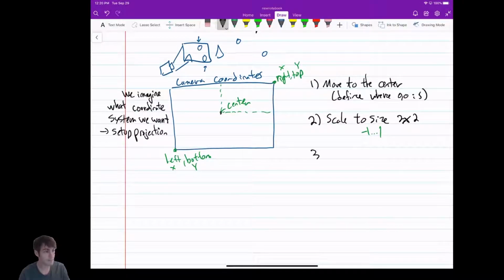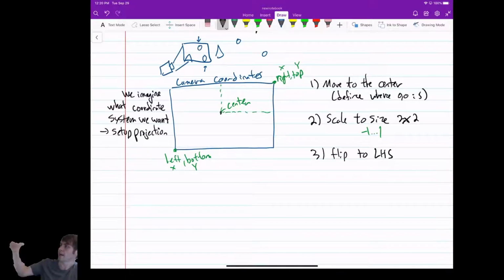And then three, this is coming out of nowhere for you, we actually want to flip to a left-handed system. Remember, in a right-handed system, X, Y, Z, Z comes out of the screen. So if you look into the screen, the Z is negative. That's not what we want. Normalized device coordinates are actually left-handed, so that Z goes right into the screen. That helps with a lot of the processing later.